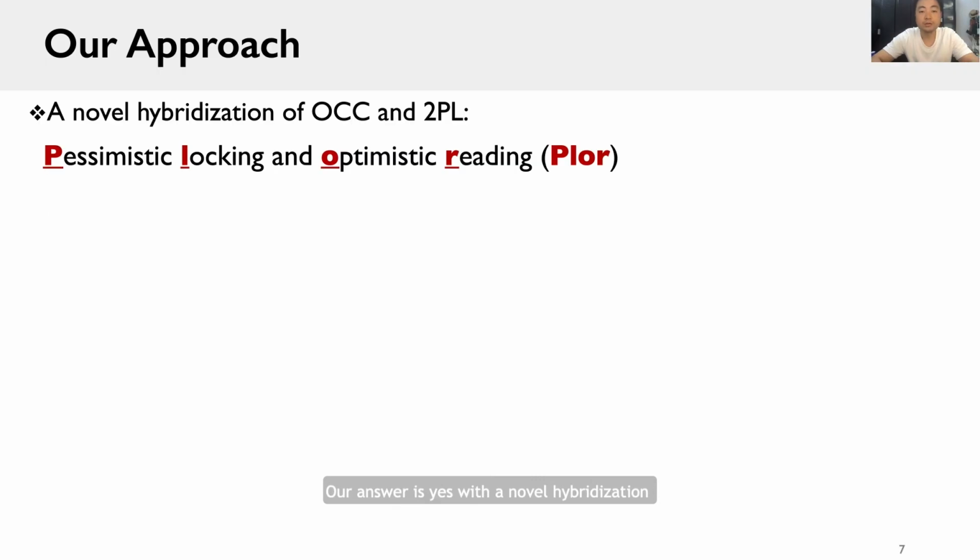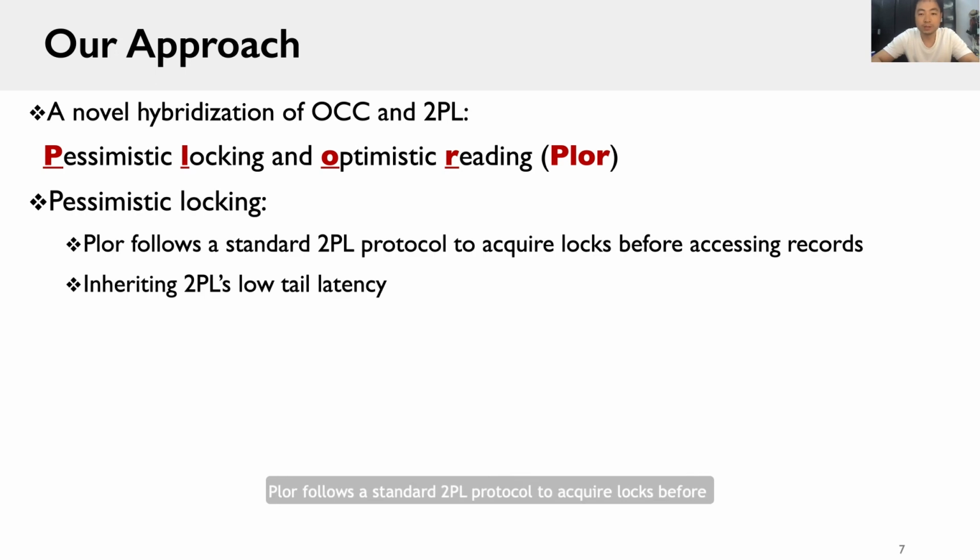Our answer is yes, with a novel hybridization of OCC and 2PL, which is known as pessimistic locking and optimistic reading, or Plor. For pessimistic locking, Plor follows a standard 2PL protocol to acquire locks before accessing records, so it inherits 2PL's low tail latency.